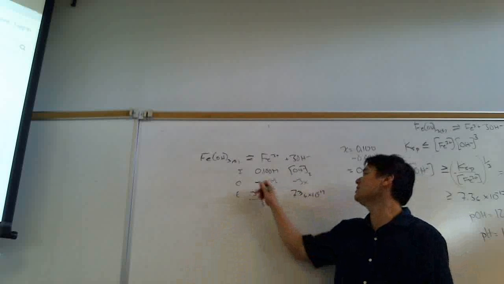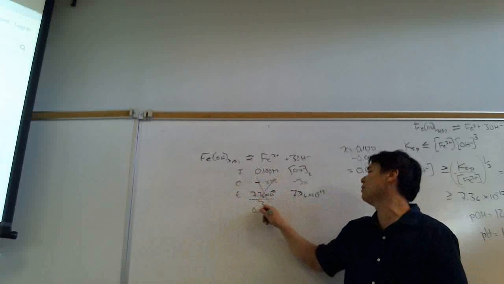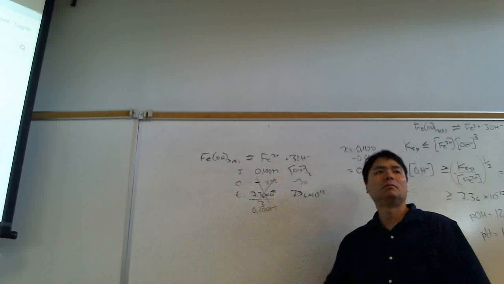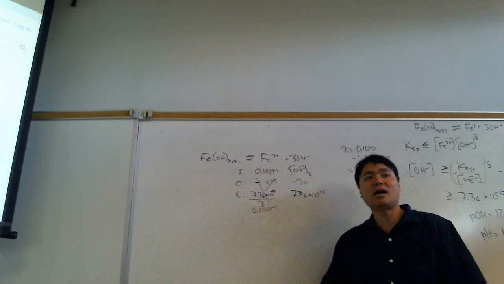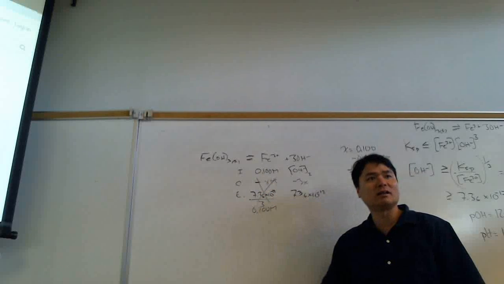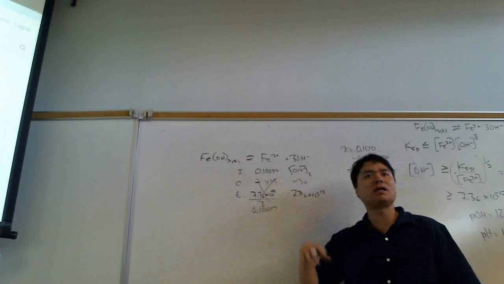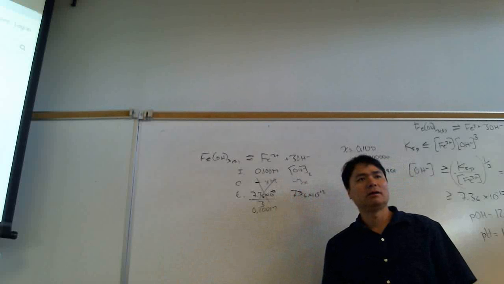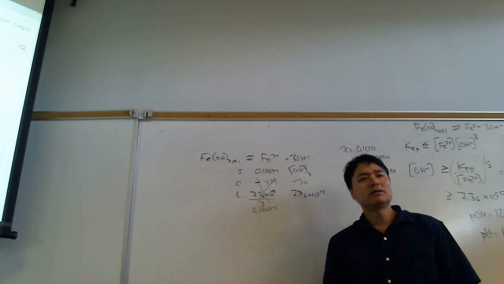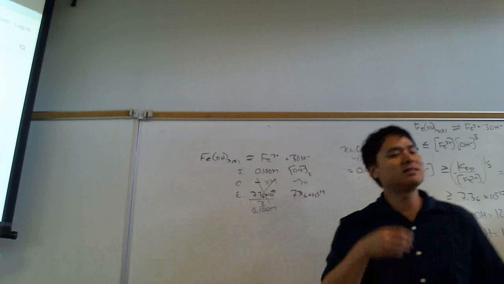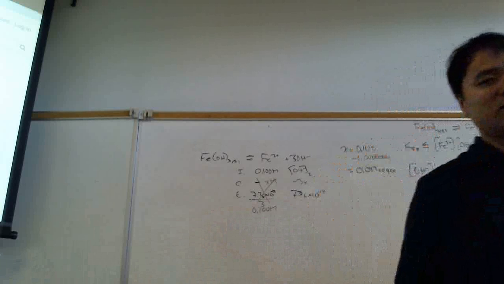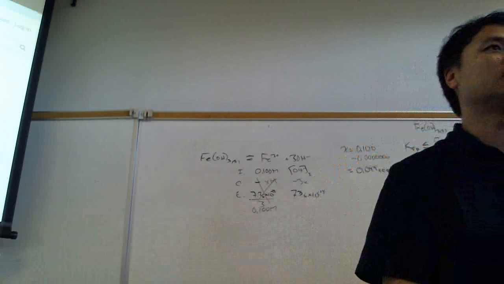But this is wrong, because I still have 0.100 molar here. I haven't precipitated one bit of it yet. I just want to figure out at what point the hydroxide is going to be saturated.